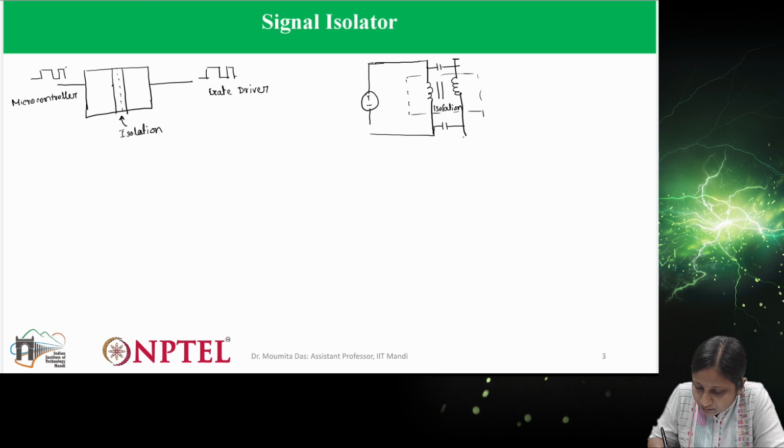Let's say a positive voltage VCC is connected here, and the microcontroller output is connected at this midpoint, which then gives the output from this midpoint to this ground.